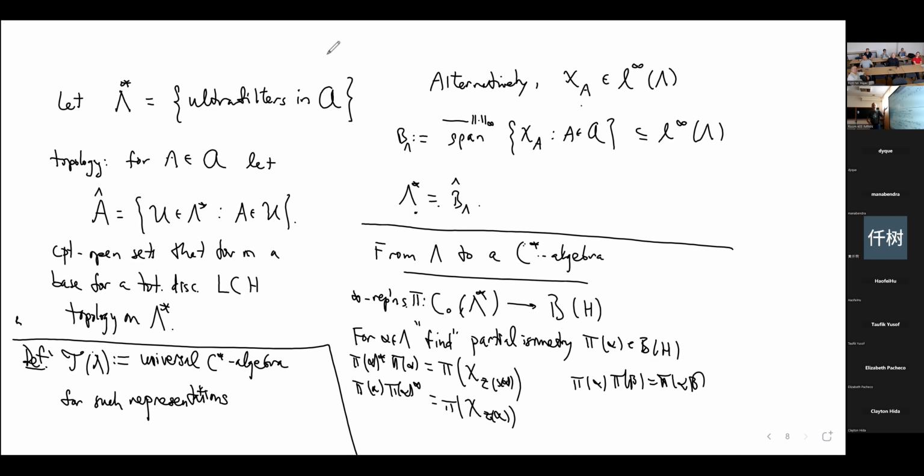Now, if you take a left cancelable small category, there may be homomorphisms into a discrete abelian group or discrete abelian monoid. They may not be as strong as having this. But anytime you have a homomorphism into an abelian group, that gives you an action of the dual group on the C-star algebra. And so you can look at the fixed point algebra and things like this.